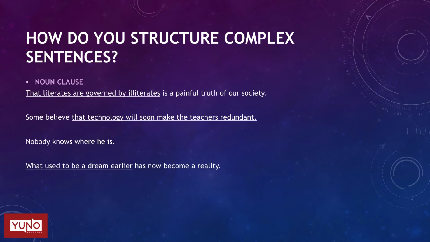We can restructure the sentence. It is a painful truth of our society that literates are governed by illiterates. The moment you put it that way, now you understand how we can have this kind of structure. Let me give you another example.